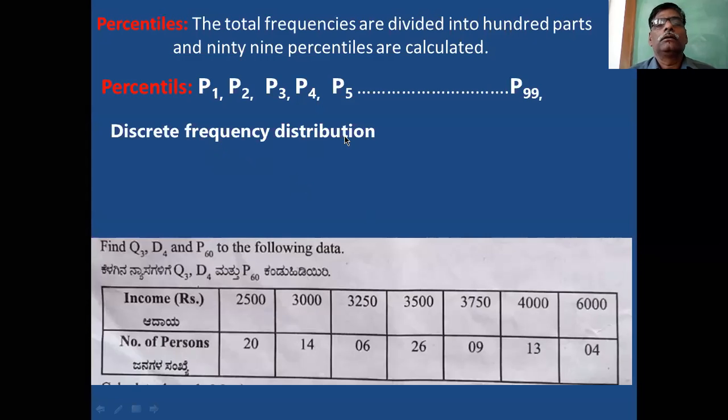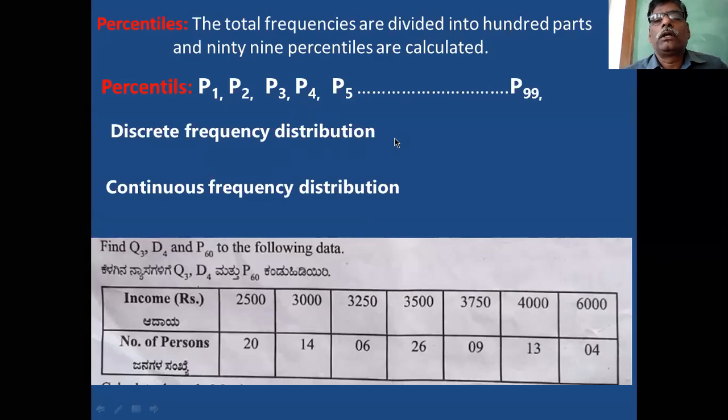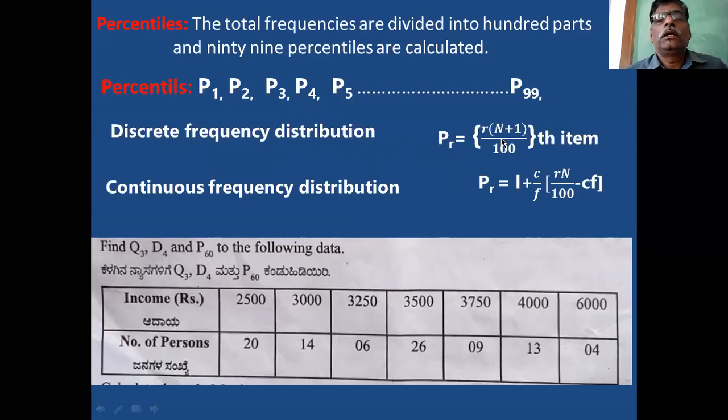You see the equation also. I'll give you the equation first regarding percentiles. There are the discrete frequency distribution and the continuous frequency distribution. For discrete, PR, the required percentile, is equal to R into (n plus 1) divided by 100th item.